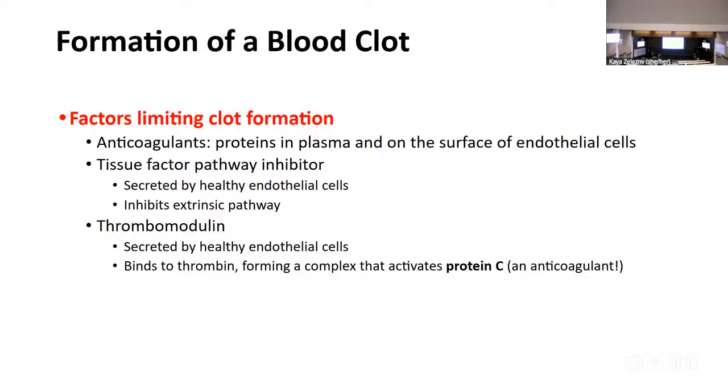Protein C acts as an anticoagulant. And when thrombin is bound to thrombomodulin, it can't work correctly for blood clot formation. So if it's bound to thrombomodulin, it's already busy and it's not going to be converting fibrinogen into fibrin.